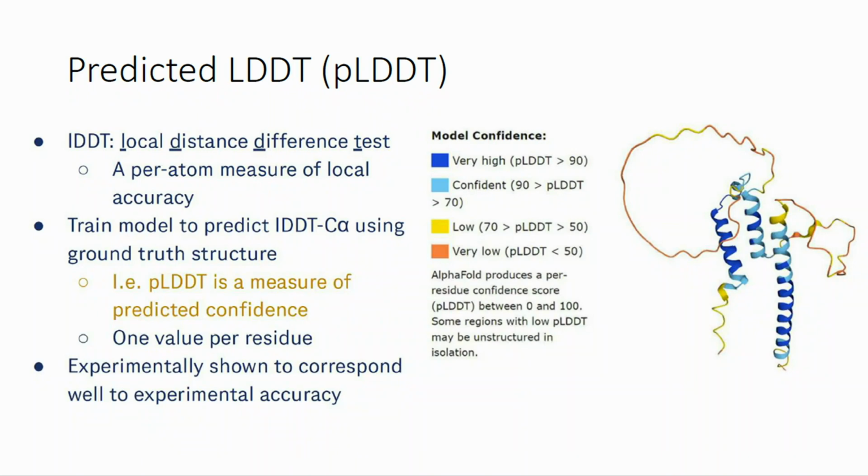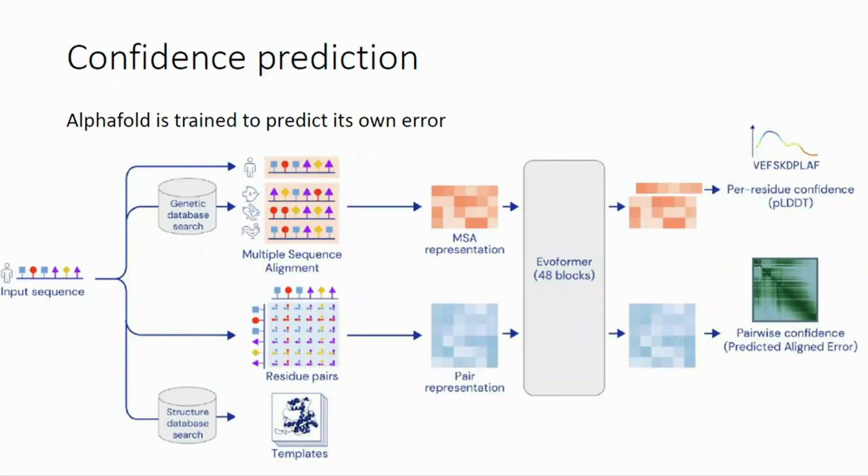The other thing is the PAE, the predicted aligned error, which, instead of doing a single residue prediction, does pairwise aligned error. Just to mention that every time we compute these errors, we have to do alignment first. We have an algorithm that is different from sequence alignment, where you can introduce gaps.